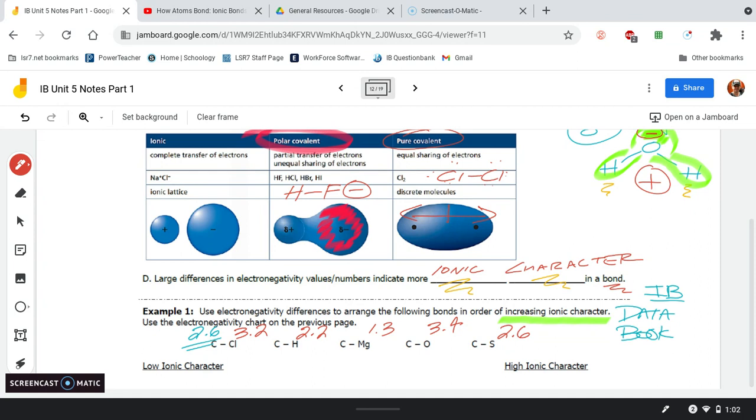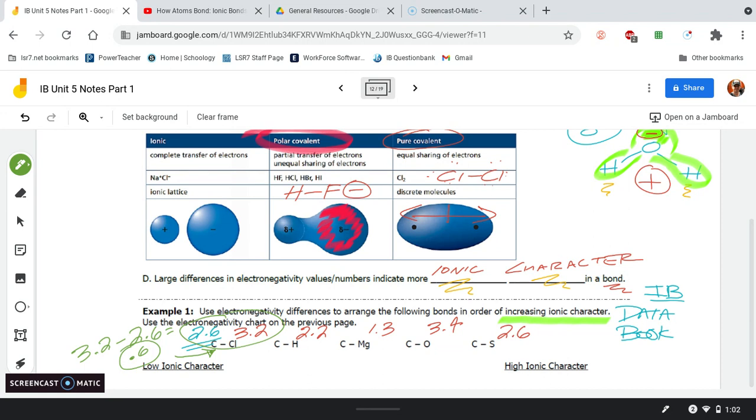So we're just going to get our calculator out and do a little bit of math. We're just looking at the difference between these, so you want to make sure that you know how we're solving these. 3.2 minus 2.6 equals 0.6, so this one's 0.6.